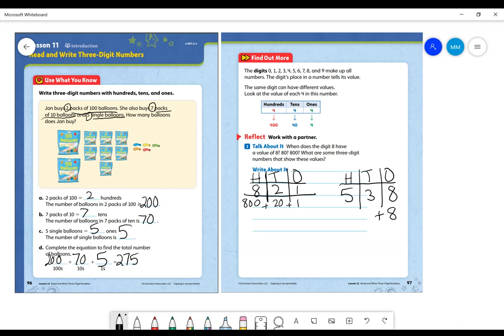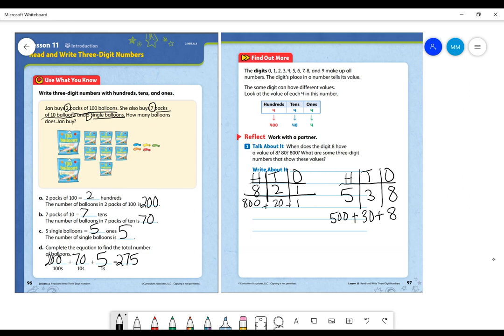What number is the same as 3 tens? 30. And our 5 is in the hundreds place. 5 hundreds would be the same as what number? 500. So even though when we usually think of 8, it is bigger than 3 and 5, if we have a 3-digit number, its value is going to be different depending on the place that it's in. Let's look at another way.